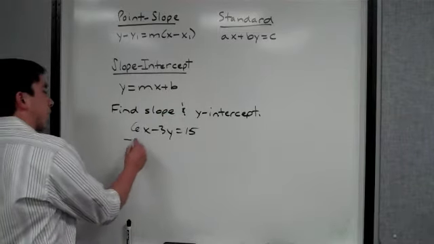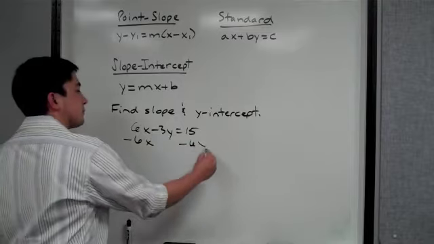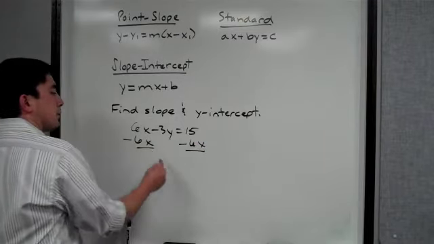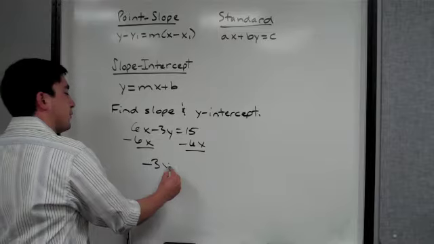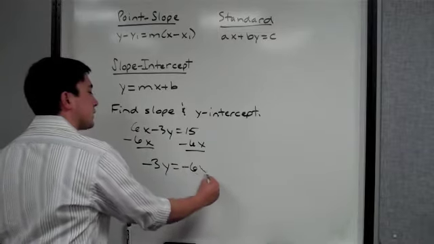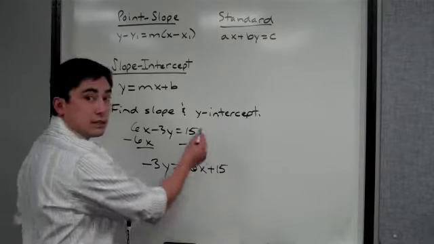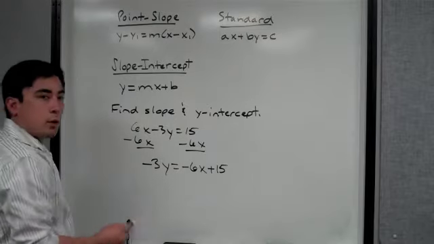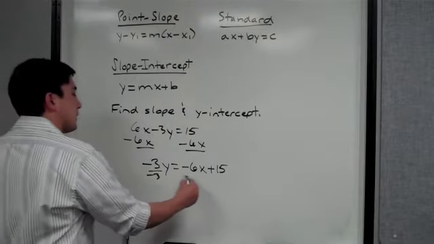So we subtract 6x. And again, these are not like terms, so you cannot combine those. So it gives us negative 3y is equal to negative 6x plus 15. And lastly, we want to get y by itself, so we divide by negative 3.